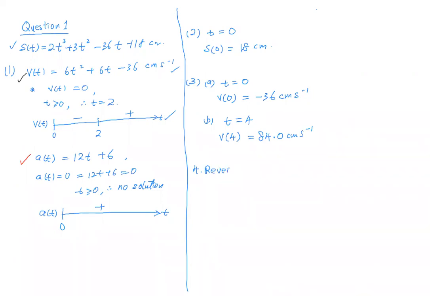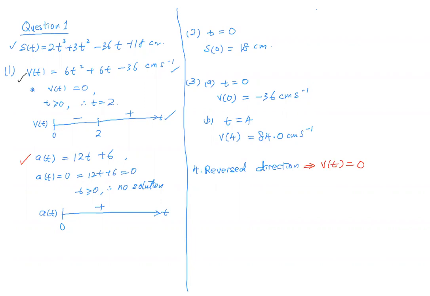So this word reverse direction is telling us the information what? Vt equal to what? 0. Vt equal to 0, yes.